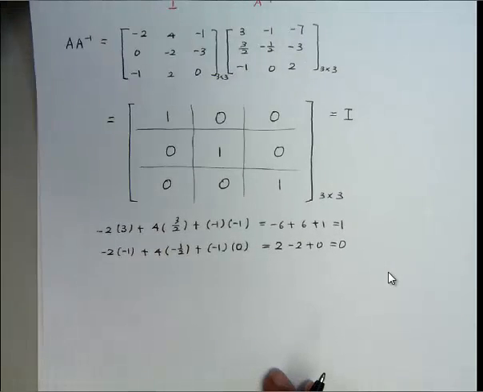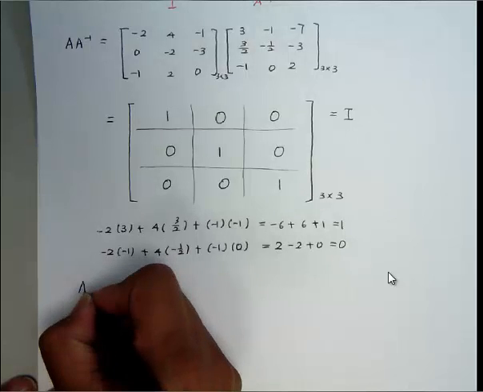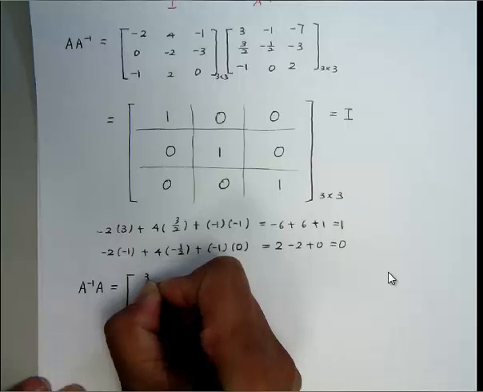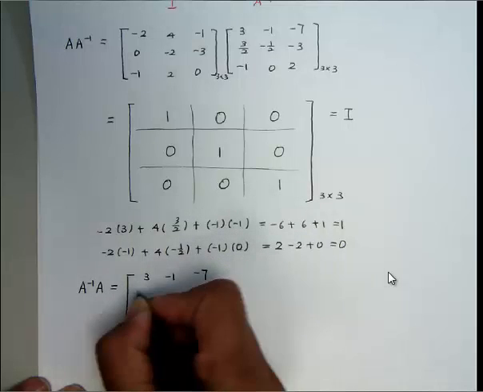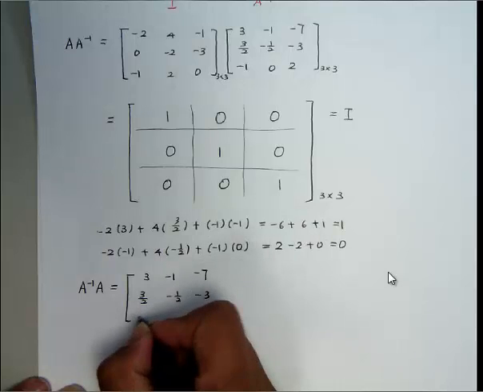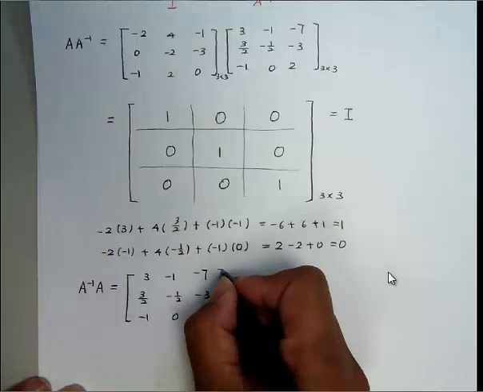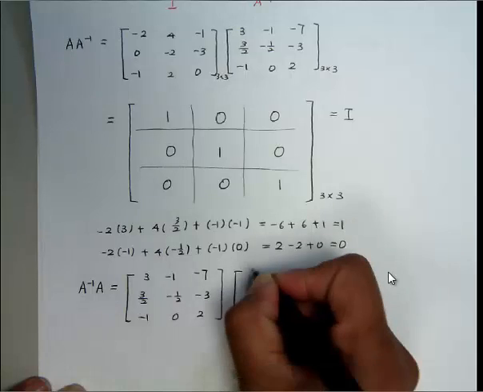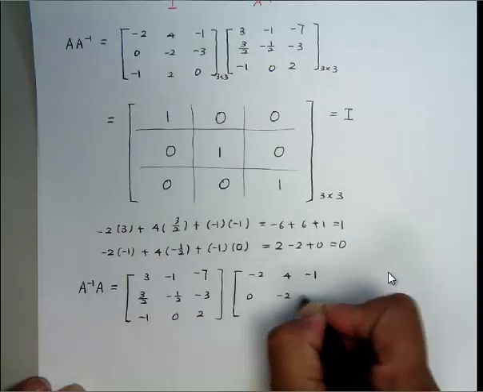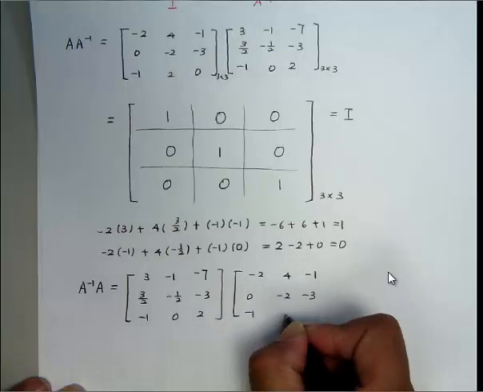Again, you have to check the second condition, which is A inverse times A, which is using 3, negative 1, negative 7, 3 half, negative 1 half, negative 3, negative 1, 0, 2, and multiply the matrix negative 2, 4, negative 1, 0, negative 2, negative 3, negative 1, 2, 0.